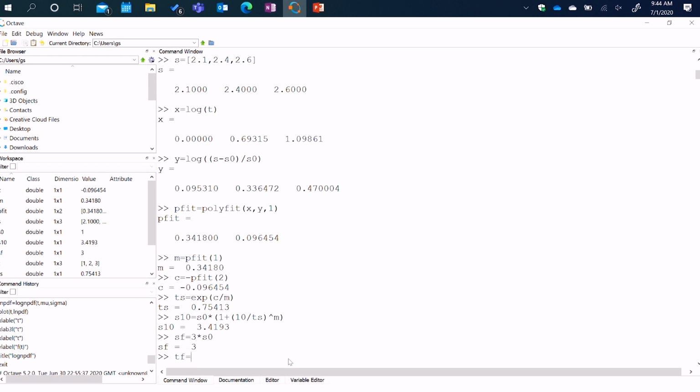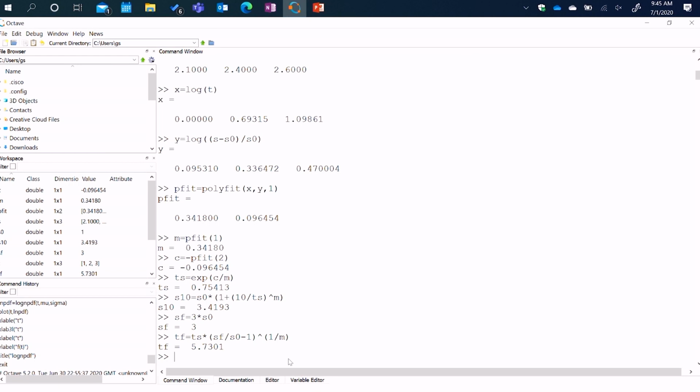Time to failure is going to be Ts times SF divided by S naught minus 1, raised to the power 1 over m. Okay, so that's going to give me the time it'll take for the oxide thickness to reach 3 microns. That's 5.7 years.